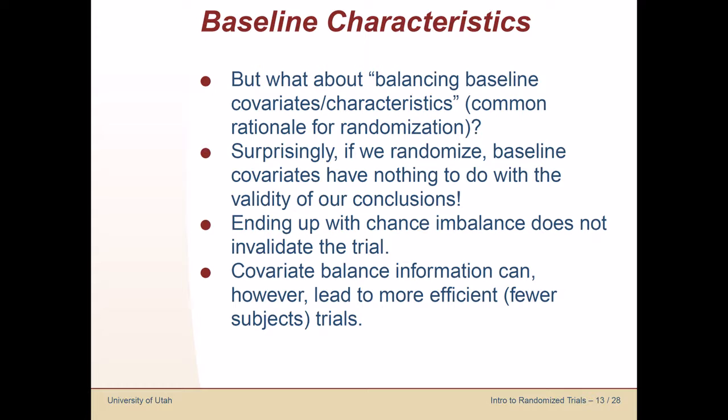And in fact, specifically, if we end up with certain chance imbalances, that does not invalidate the trial, contrary to what some people may believe and what common sense may tell you. Covariate balance information can, however, lead to more efficient trials, so that would be in the form of perhaps fewer subjects.